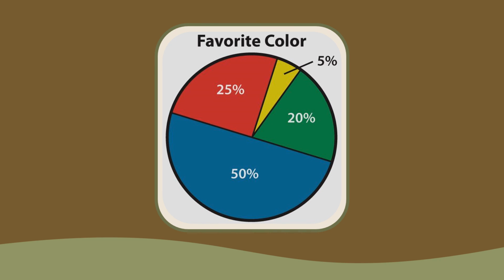So this graph in particular is talking about favorite color. So we can see that 50 out of 100 like blue, 25 out of 100 like red, 20 out of 100 like green, and 5 out of 100 like yellow.